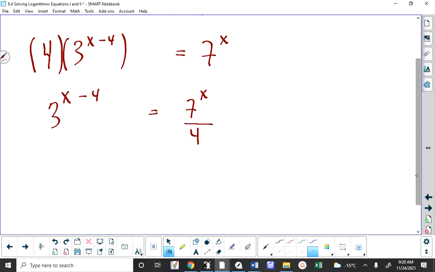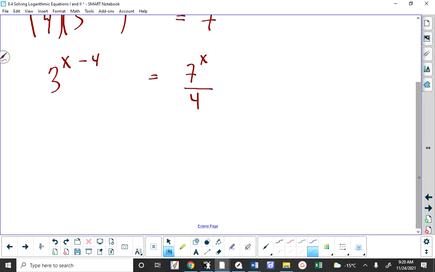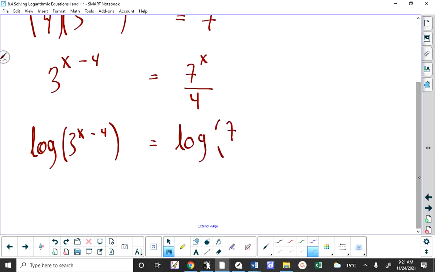So you can't really get rid of the 4. But if I take the logarithm of both sides now, I'm going to have the logarithm of 3 to the x minus 4 equals the logarithm of 7 to the x over 4.